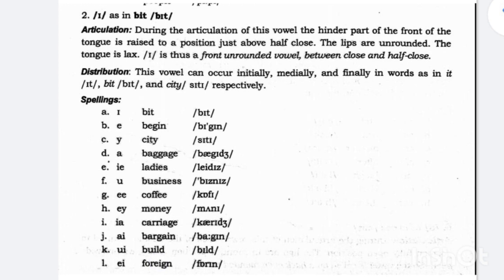When you observe the transcription, between R and N, you can find E sound, and it is represented by E and I in the word foreign. Yes, so that is it.